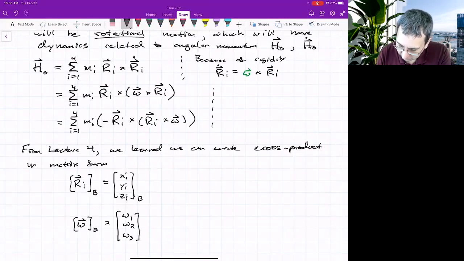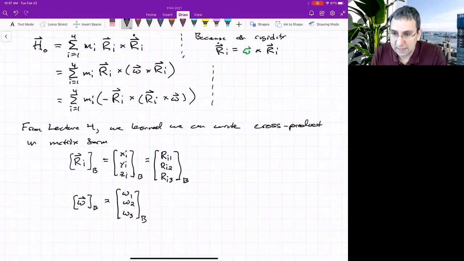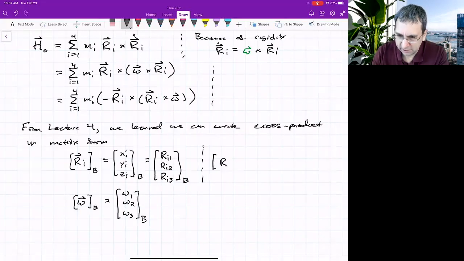In fact, this might be easier if instead of writing it as xi, we write ri1, ri2, ri3, just to make it easier to remember. We defined this thing we called the tilde matrix.